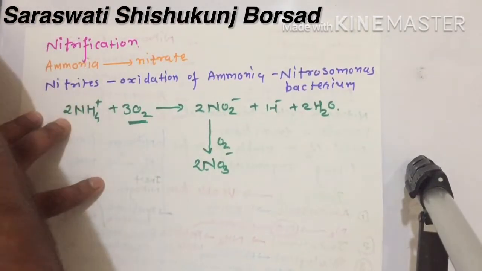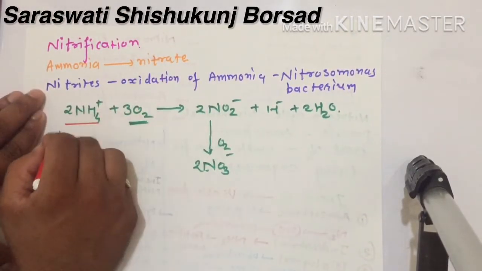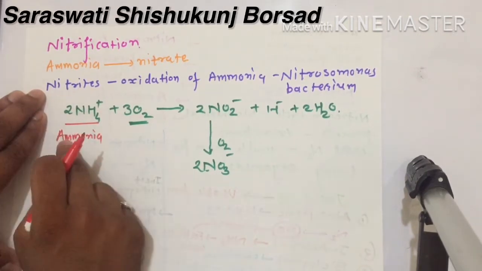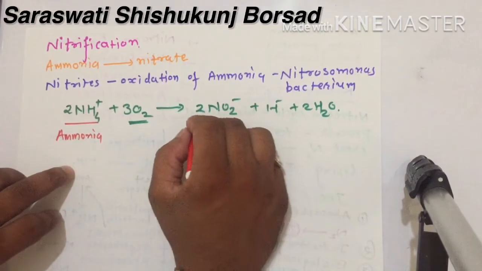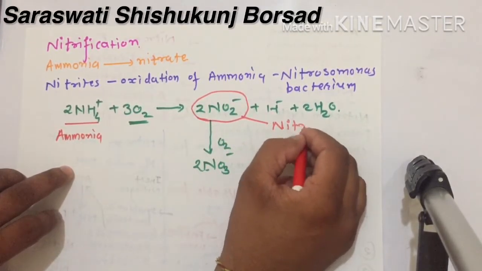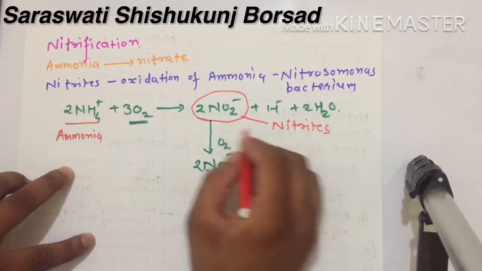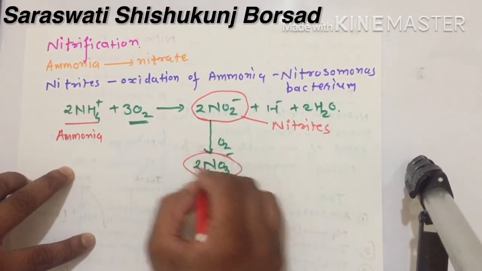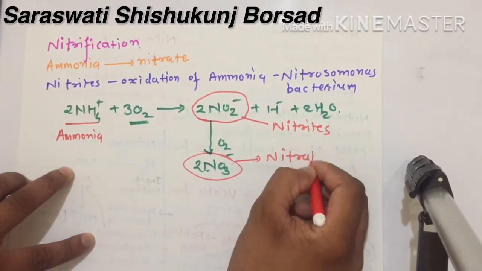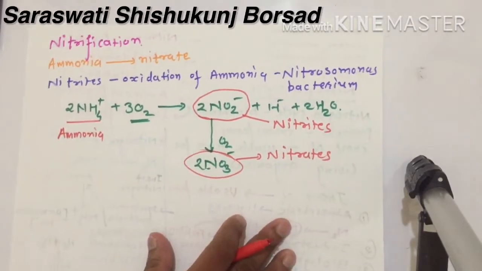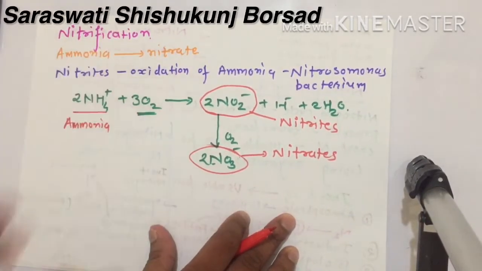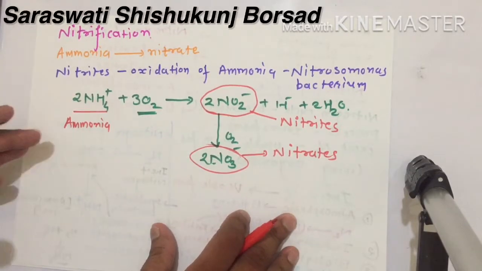Again, this is our ammonia. Ammonia gets oxidized into nitrites, and the nitrites get oxidized into nitrates.